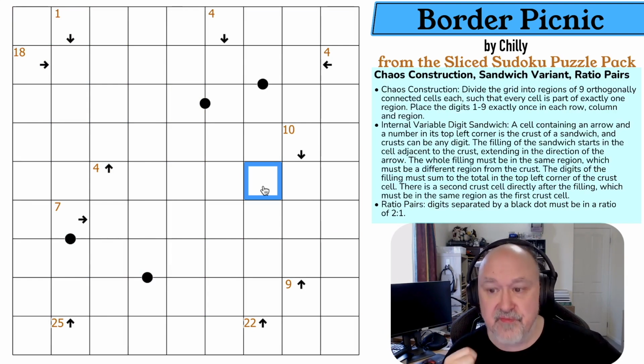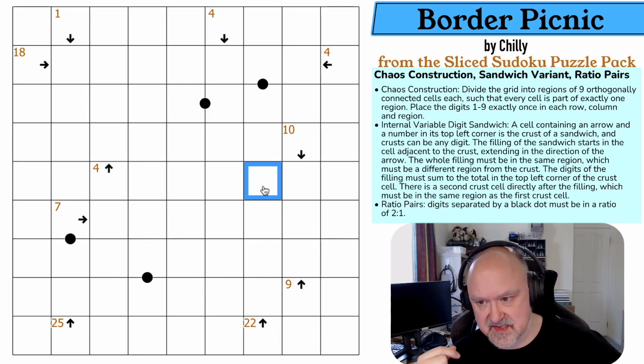So, internal variable digit sandwich. That doesn't sound daunting. A cell containing an arrow and a number in its top left corner. So the arrow is in the cell and there's a number in the top left corner, is the crust of a sandwich, and crusts can be any digit. Okay. The filling of the sandwich starts in the cell adjacent to the crust, extending in the direction of the arrow.